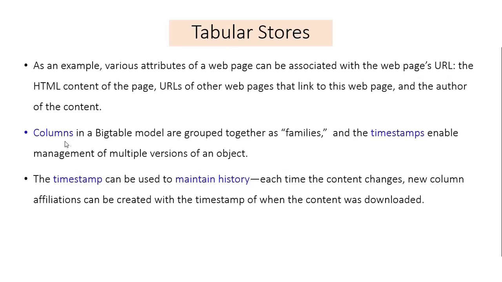The columns in the Bigtable model are grouped together as families, and there are timestamps. The timestamp enables the management of multiple versions of an object, so it keeps track of the history when the content changes or when something new is added, similar to the log of a file.